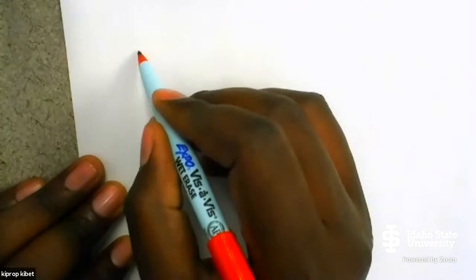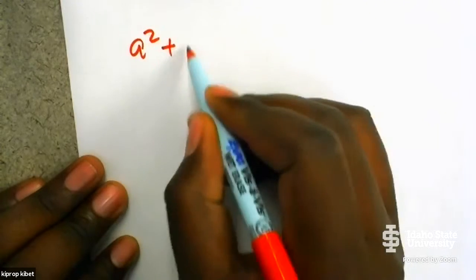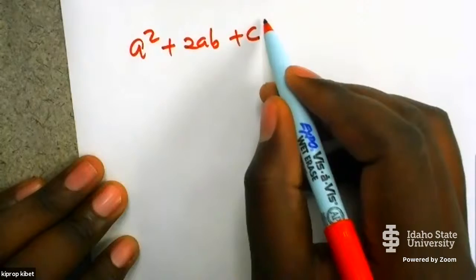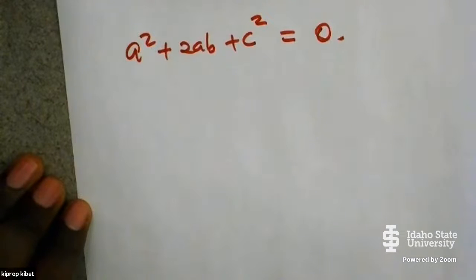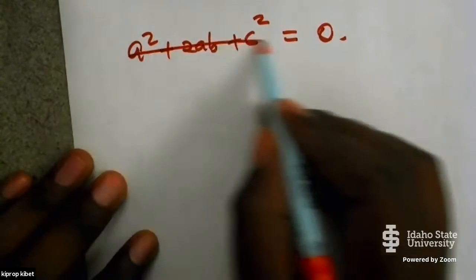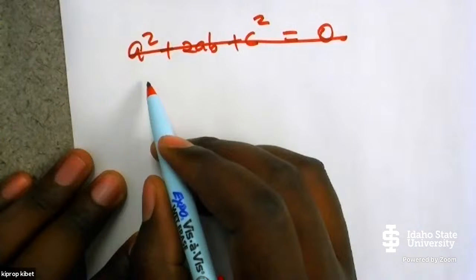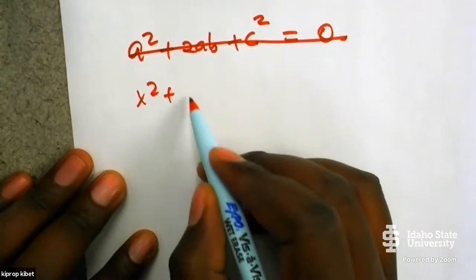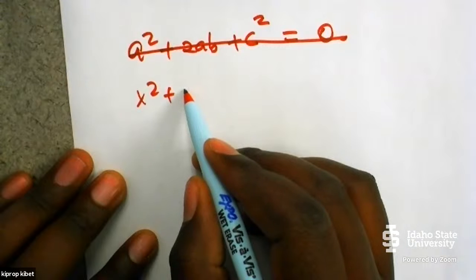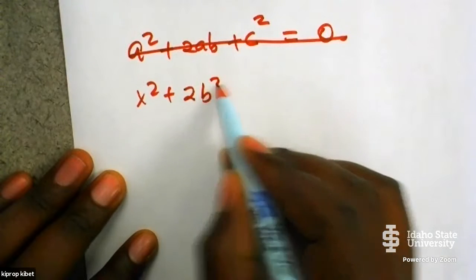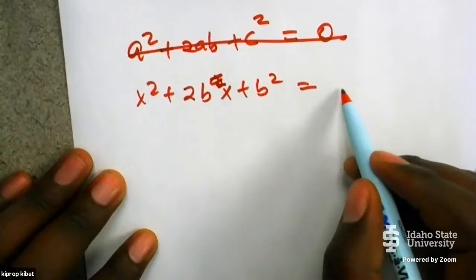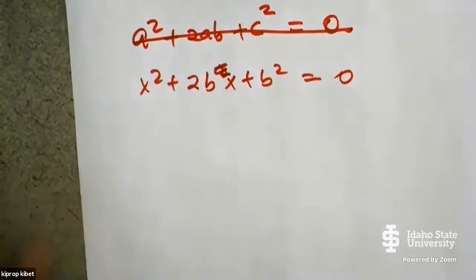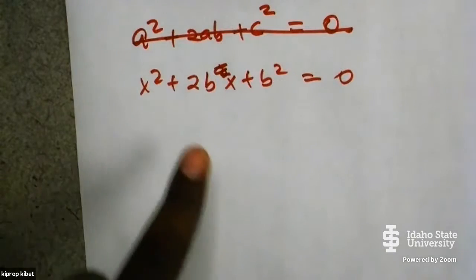So let's say we have x squared plus 2bx plus b squared equals 0. We use completing the square.